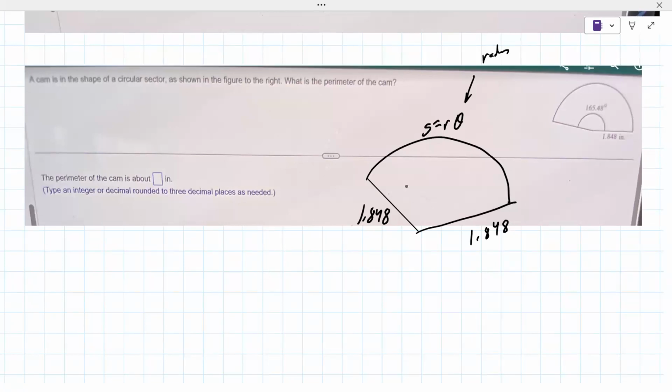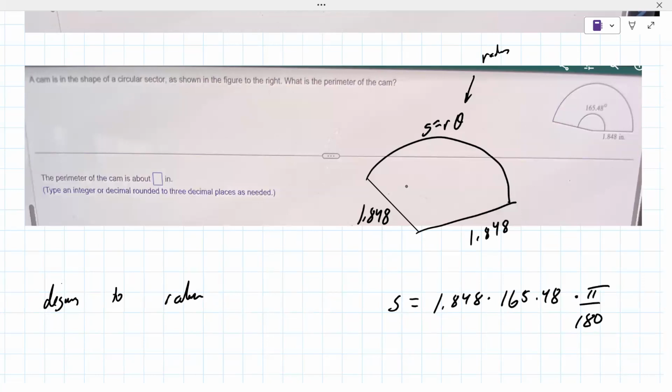It's not a great formula, but it defines this arc length. It's 1.848 times your angle, 165.48, and you multiply by pi over 180. That's the conversion to radians. So from degrees to radians, you multiply by pi over 180.